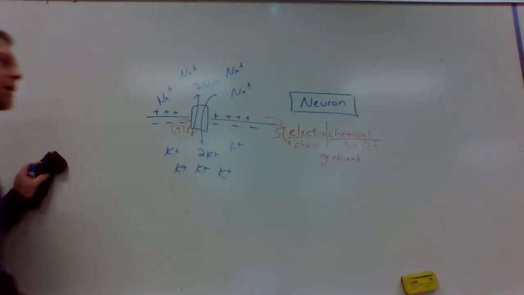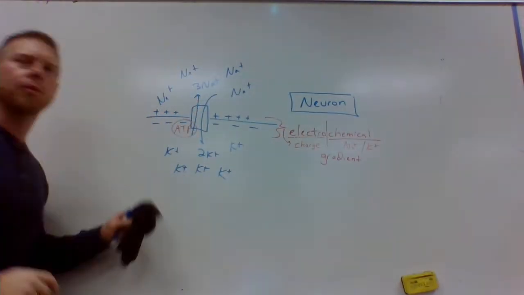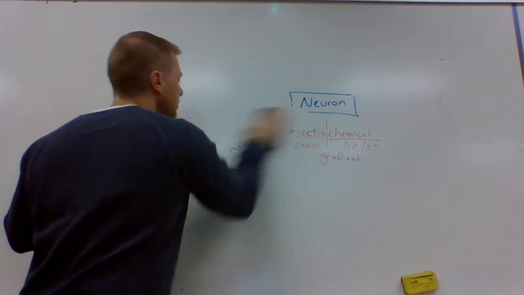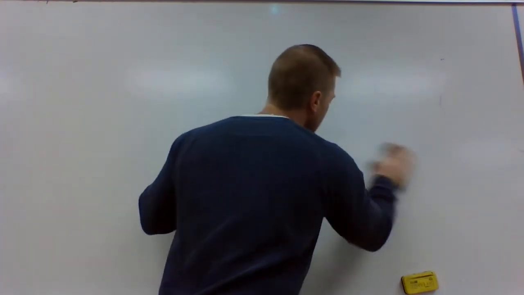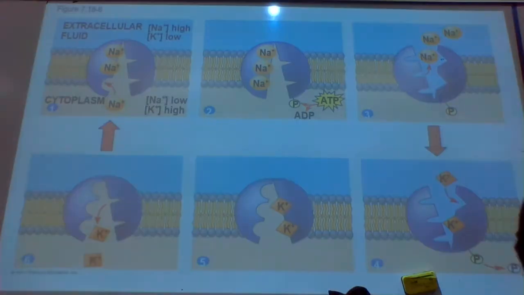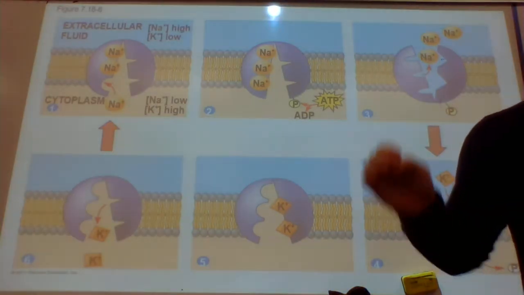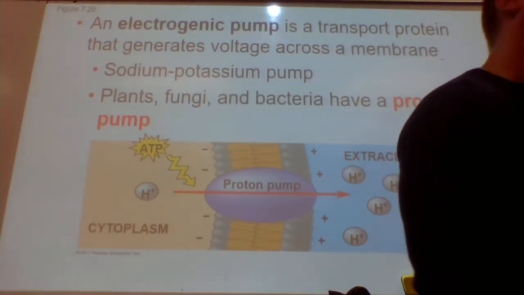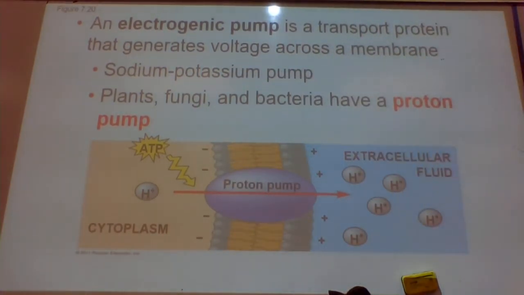Together we call this an electrochemical gradient. Good? All right. It's found within the nervous system. It's called the sodium-potassium pump, and it is by far the number one example of active transport in the body.